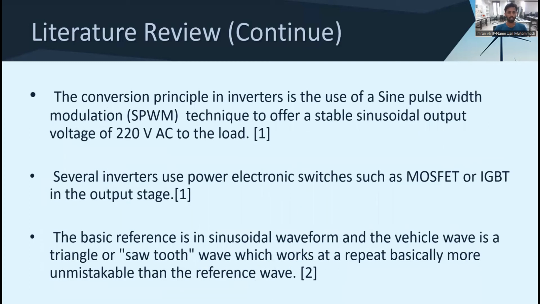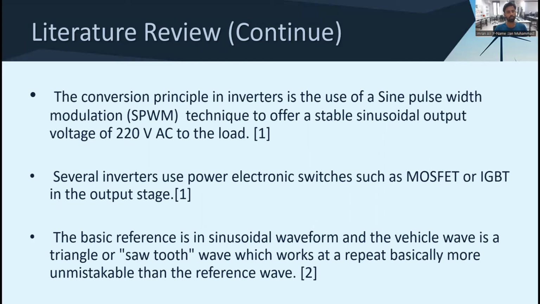Literature review. This is the literature review that we have gathered from different resources like research papers, articles, and websites. We have used the sine pulse width modulation technique for the MOSFETs. We know that several inverters use MOSFETs and IGBTs at the input stages.